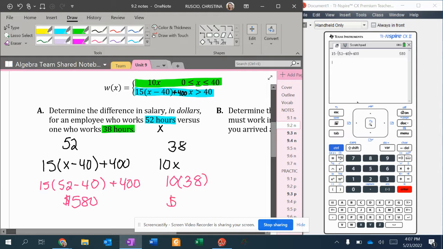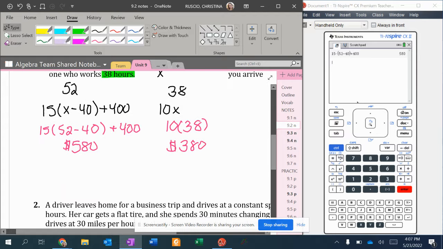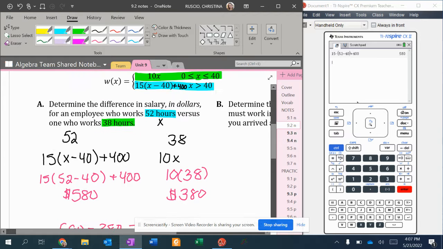I don't need my calculator for that. That's 380. So if I want to find the difference, that's just 580 minus 380, which is a difference of $200. And some of you are like, why are you doing that again? Well, look at it's asked to find the difference between the two.